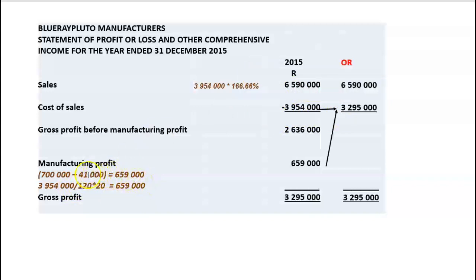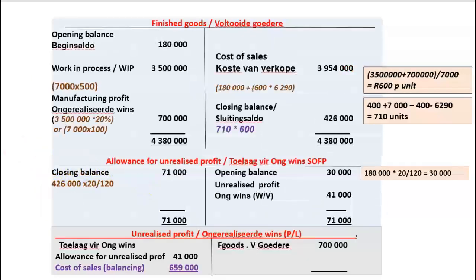I could also have said that included in our unrealized profit figure for the year, 700,000, 41,000 of that 700,000 is still outstanding. It hasn't been realized as yet, because that 41,000 pertains to the unrealized profit that has not yet been realized.